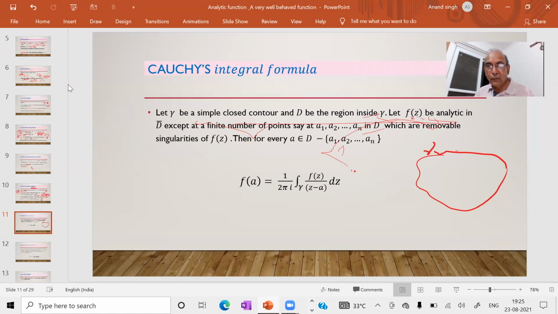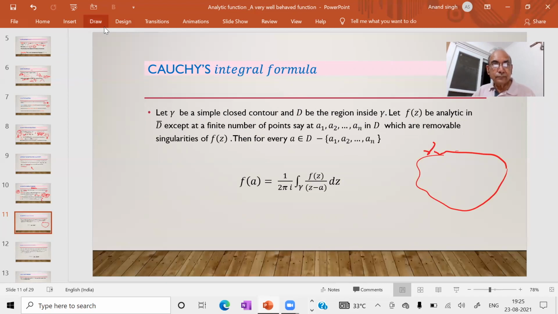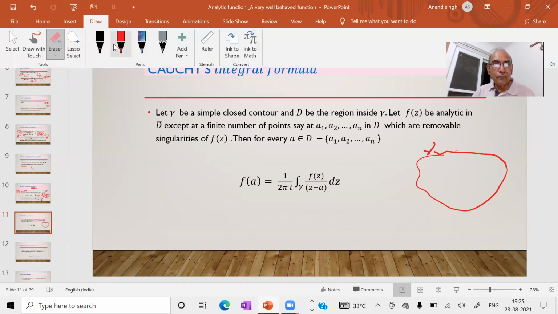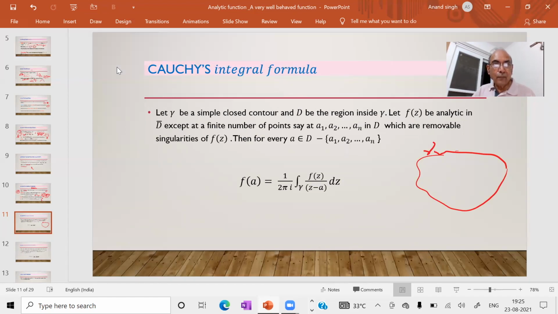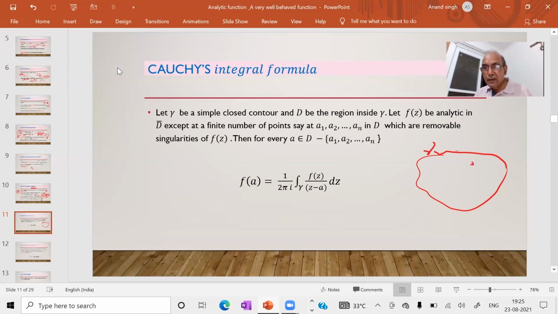Okay. So here, this is your gamma. And there are some singularities.